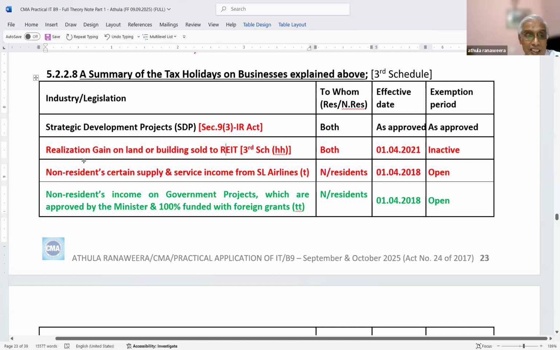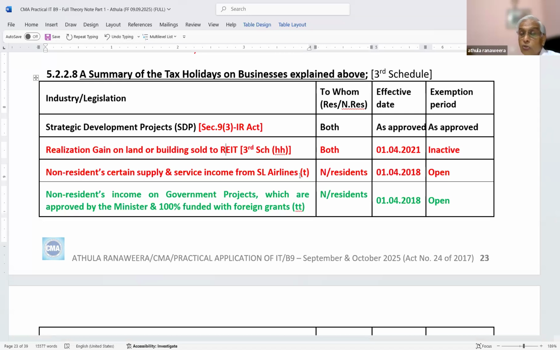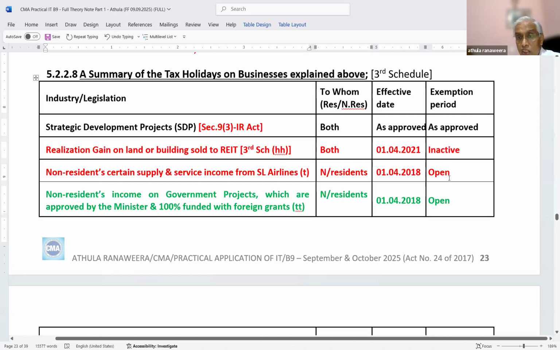Nobody registered. Then non-resident certain supply of service and service income from Sri Lankan Airlines. When non-residents supply services to Sri Lankan Airlines, it is still exempted. Still it is open, only for non-resident people.